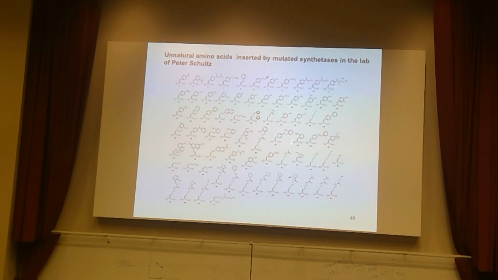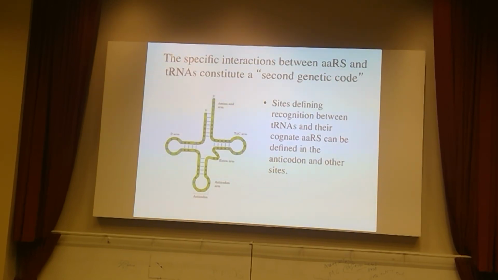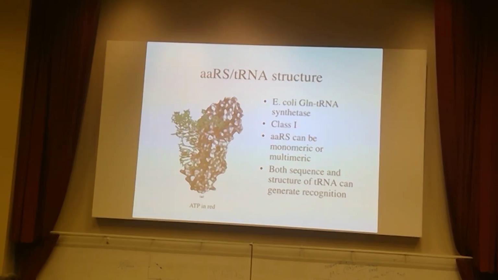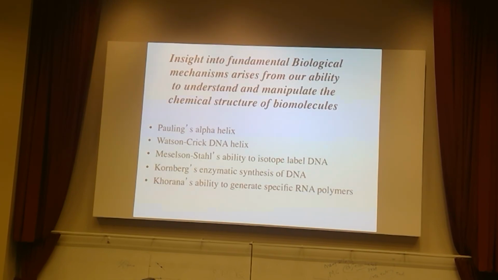Phenomenal chemist Peter Schultz at Scripps in La Jolla, California. Look at these wacko amino acids. The ribosome doesn't care. You could almost put a brick onto the end of an amino acid, and the ribosome would still accept it.